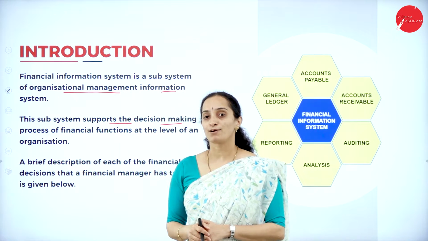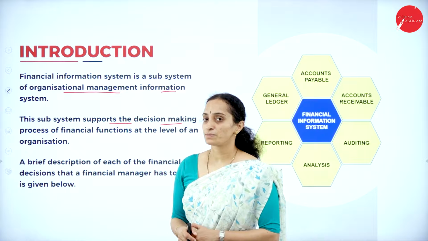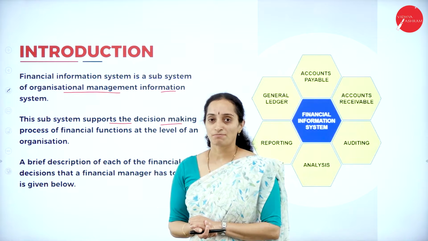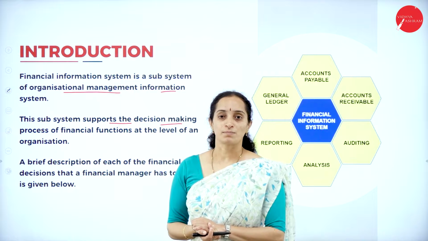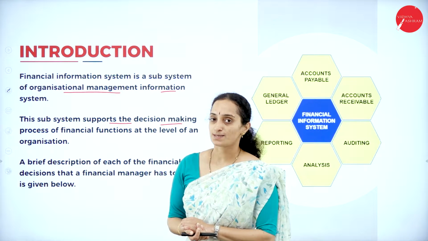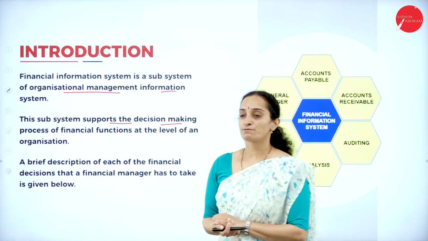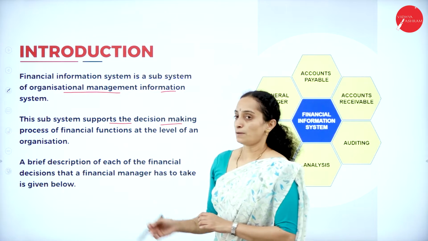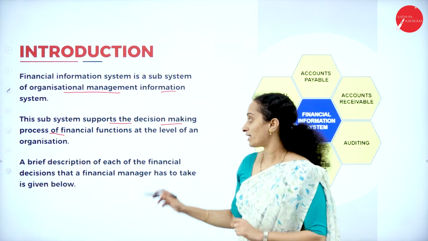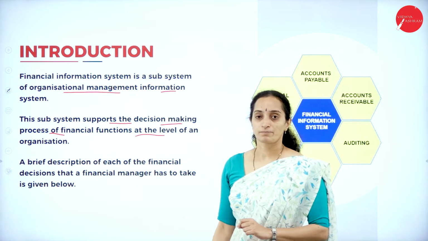So the main task of an information system is to assist in decision making for a businessman or for the top level management or for the managers, isn't it? So the financial information system supports the decision making process of the financial functions.